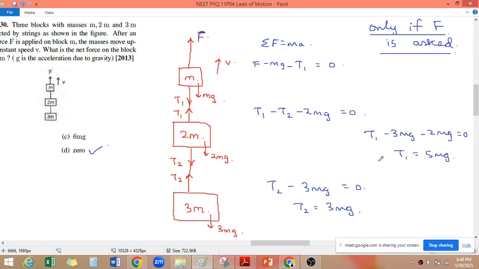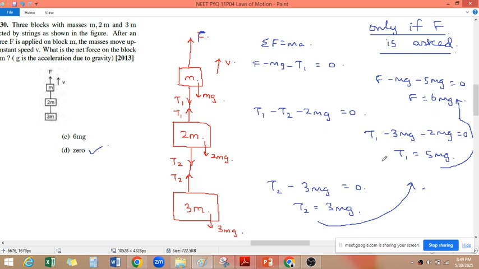Substitute this over here. Okay, so from here this is going here, from here this is going here. So that means we are working backwards.